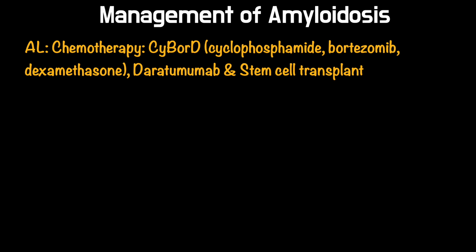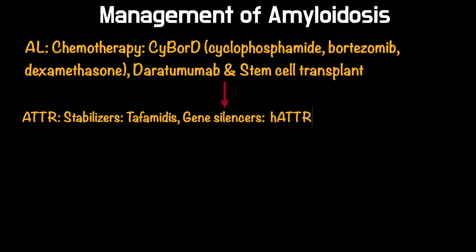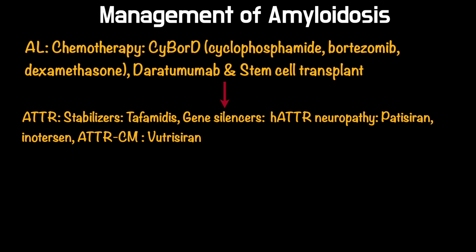Talking about management of amyloidosis, AL is treated with chemotherapy, and the most commonly used regimen is CyBorD. Cy is cyclophosphamide, Bor is bortezomib, and D is dexamethasone, which is a steroid. You can also use daratumumab, which is a monoclonal antibody, and stem cell transplant can also be done. In ATTR you would use stabilizers like tafamidis first, and genetic silencers in different types.